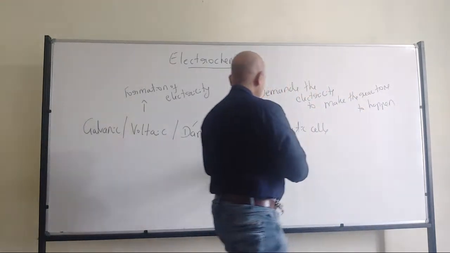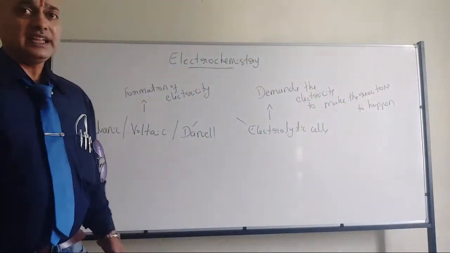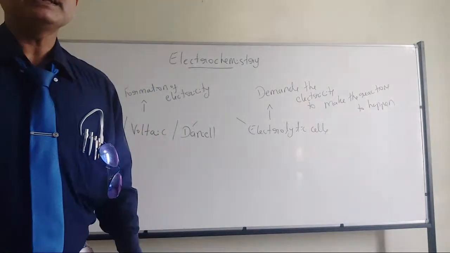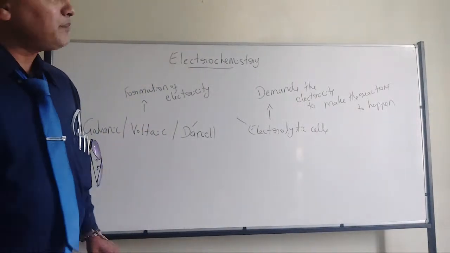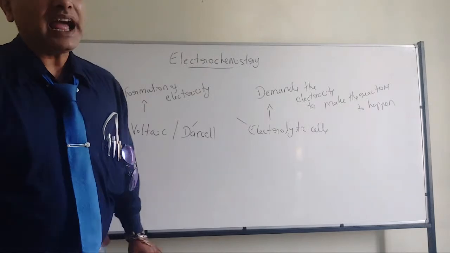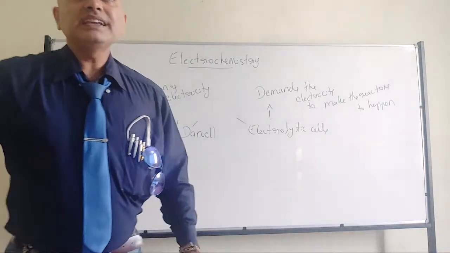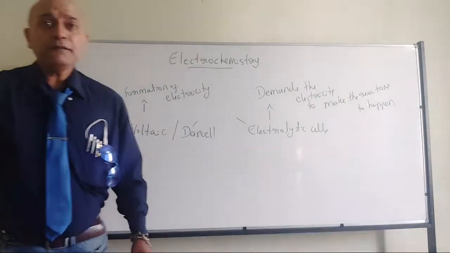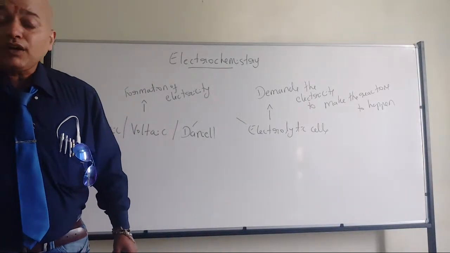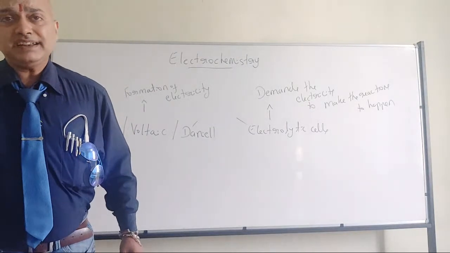So that's where we have two categories. Electrochemistry, in the name itself it is there. It is the branch of chemistry which deals with the electric current, formation of electric current or utilization of electric current.